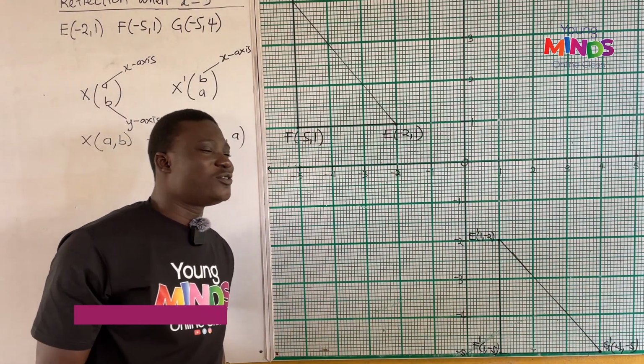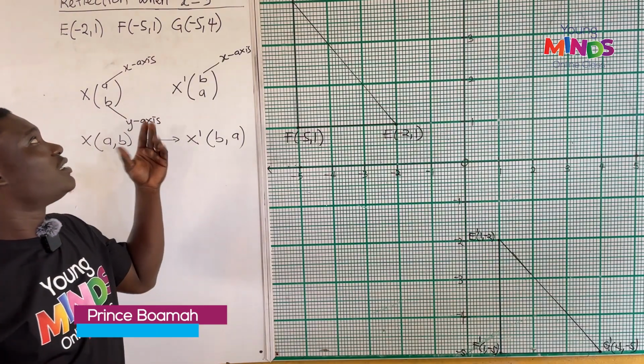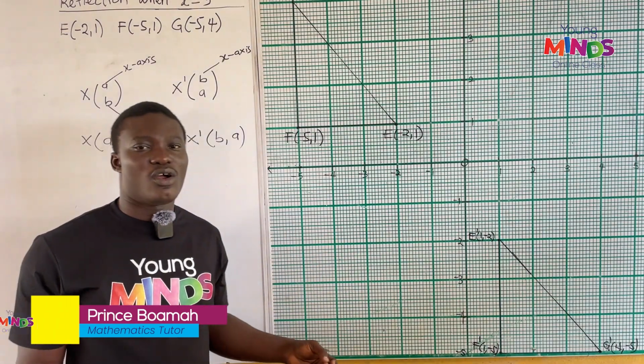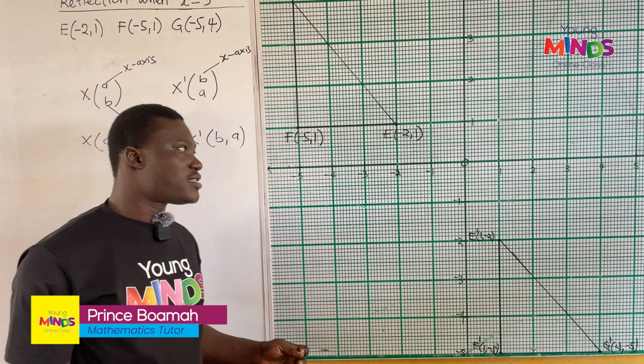So this is how to reflect when x is equal to y or when y is equal to x.